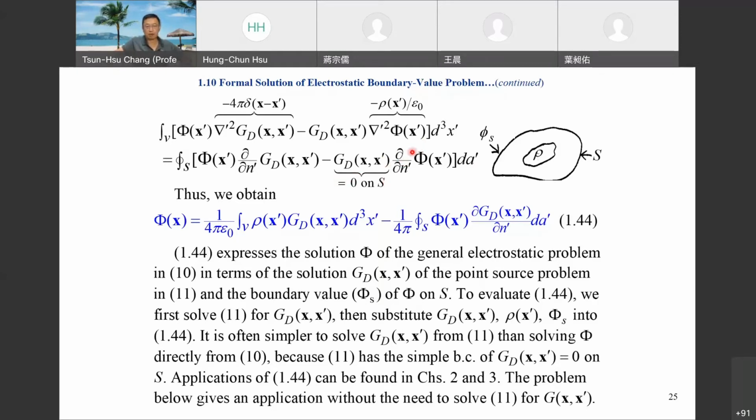That's our purpose. So the solution will be very easy. Actually, not easy. But the Green function is the function to be found. If we find the Green function, we almost solve everything. That's good news. So finding the Green function is the most important challenge for us.